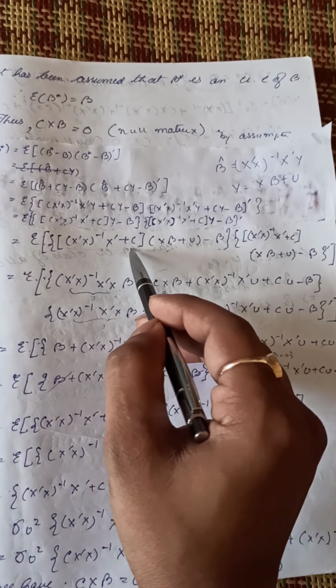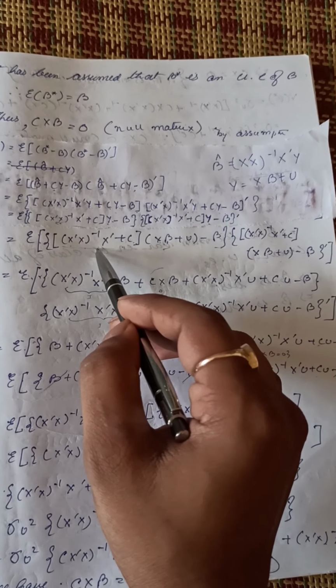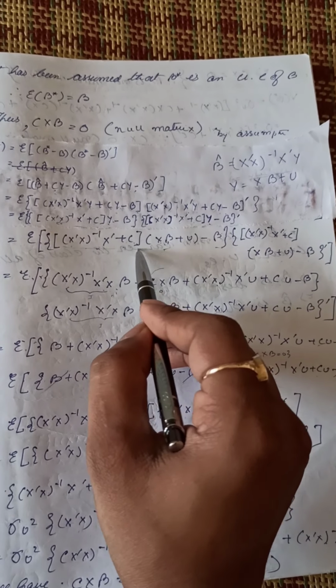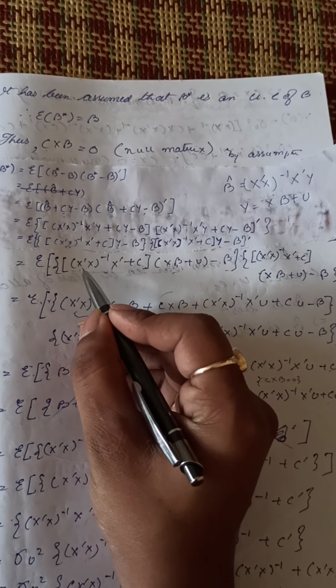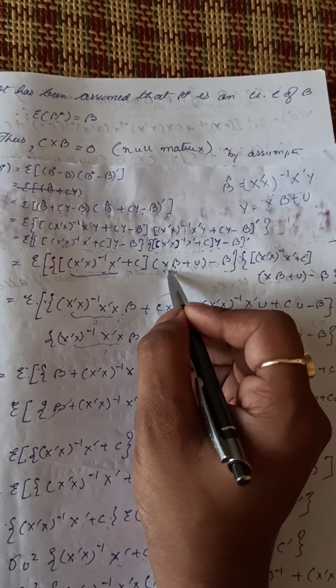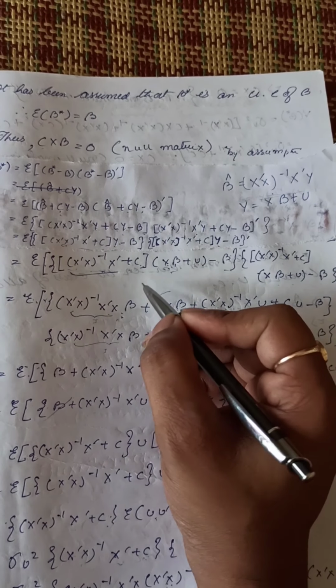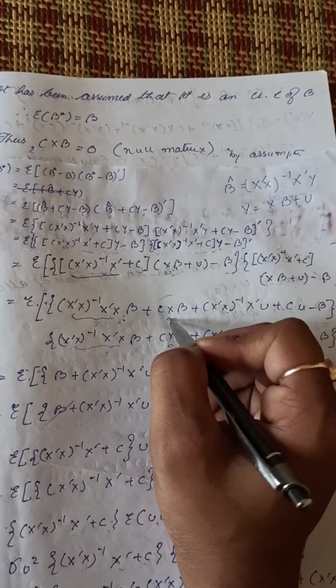Now this entire term will get multiplied with this x beta 1. So what we are doing, we are multiplying this part of the term with x beta. Then again we are multiplying this term with c.